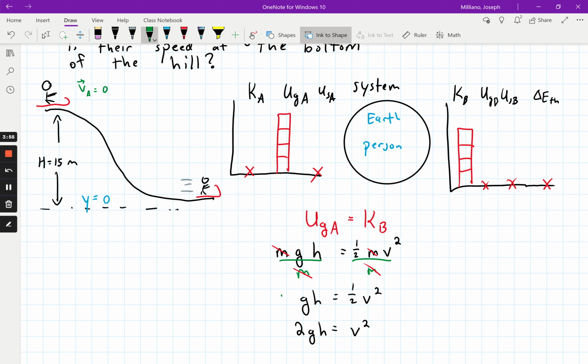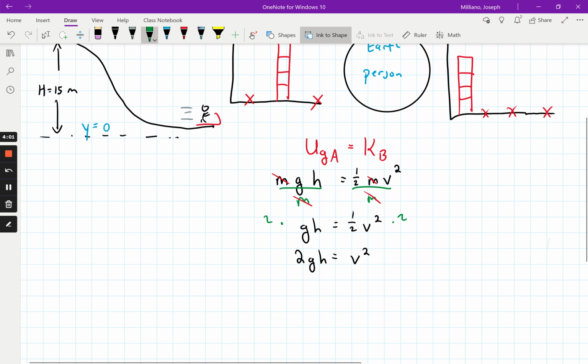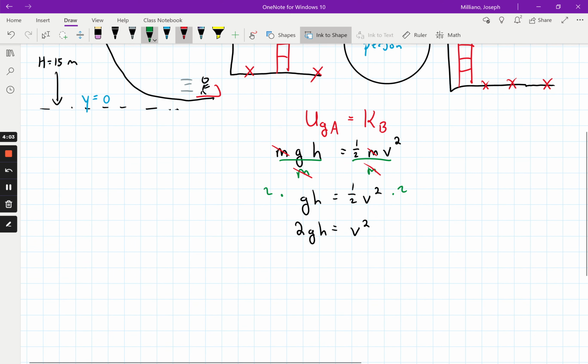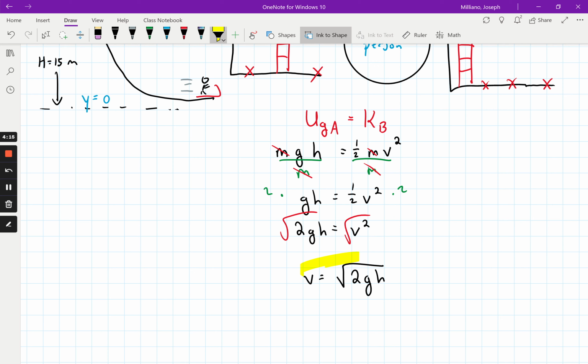That came from multiplying each of these by 2. Half times 2 is 1, right? And then my last step is to take the square root of both sides, and I end up with speed equals square root 2gh.